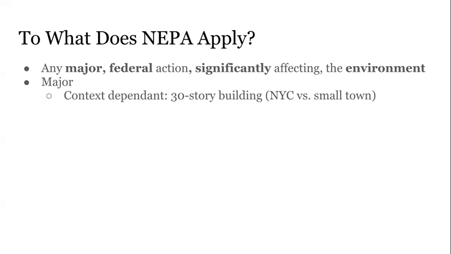This is the context nature of the term major. Well, there are a lot of 30-story buildings. There are a lot of buildings that are higher than 30 stories in Manhattan and New York City. So maybe not so much. Maybe a large building like that is just average.